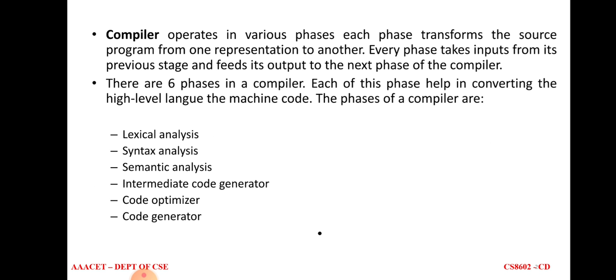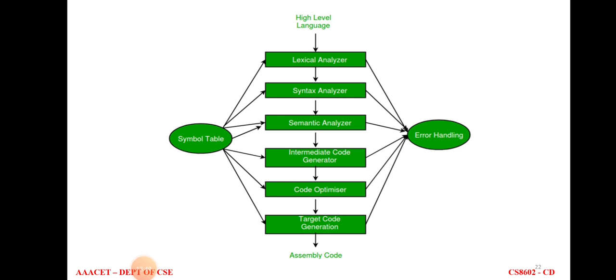The first phase is the lexical analysis phase, and the second phase is the syntax analysis phase. The third one is the semantic analysis phase. The fourth one is the intermediate code generator. The fifth one is the code optimizer, and the last one is the code generator. This is the diagrammatic format of the phases of the compiler.